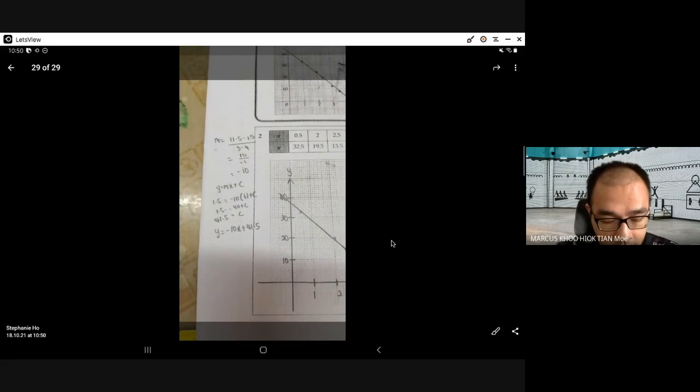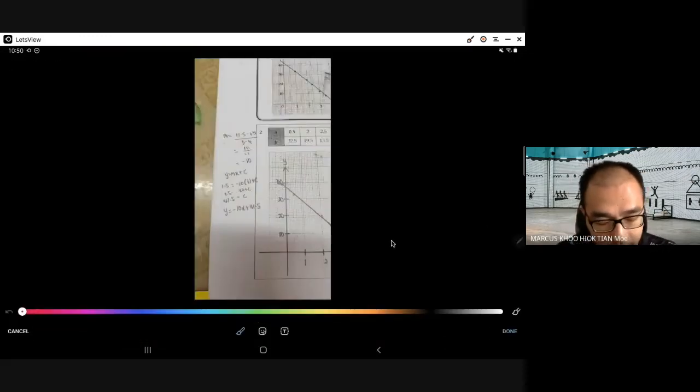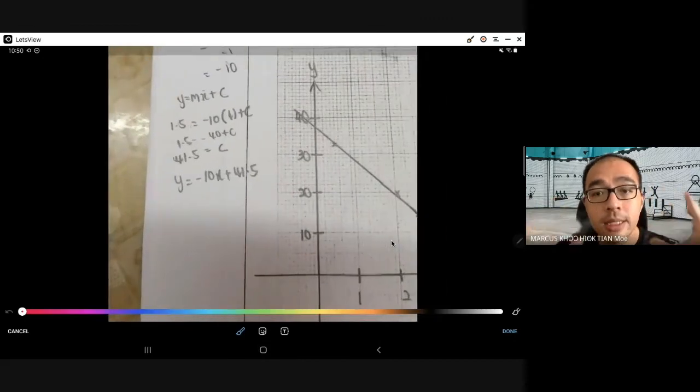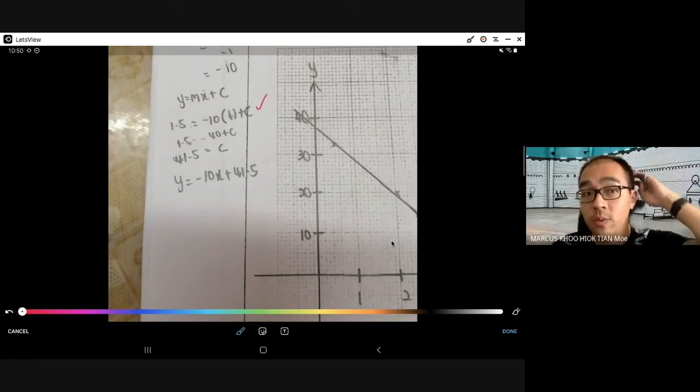Okay. So this one I want to comment about, because in this chapter we want to use the values that are in the graph. I know why you did this, because this is from chapter 5, coordinate geometry. We can substitute the y and x and then get the m and then get the c.